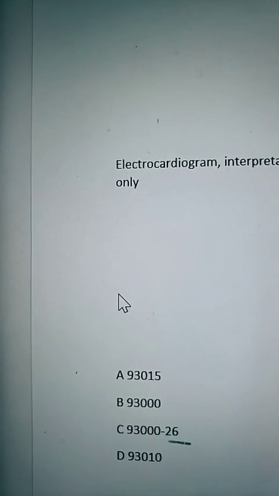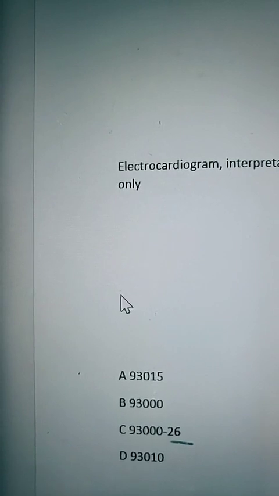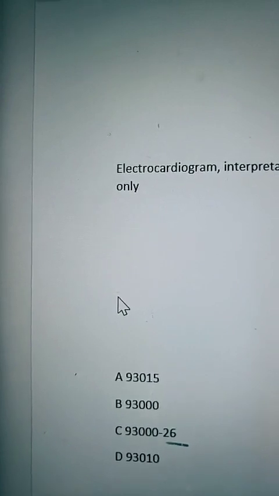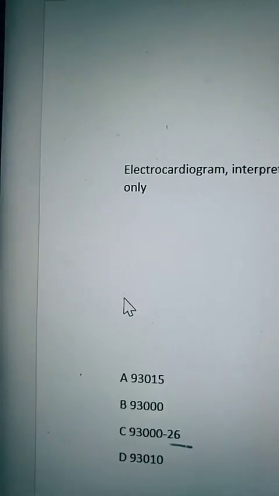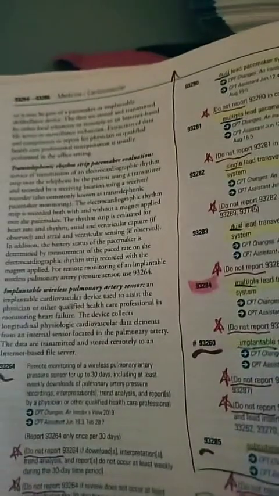Anyway, 93, let me run to that. 93000. Is that right? Where are we at? 93. I got too far.